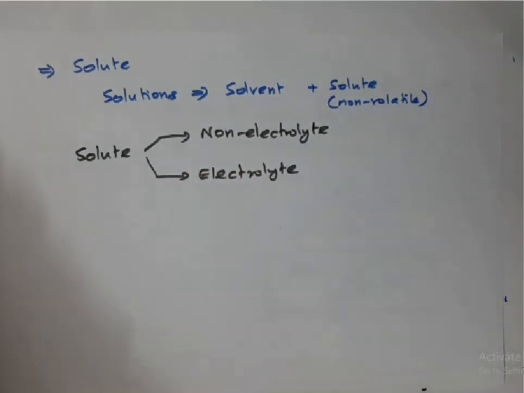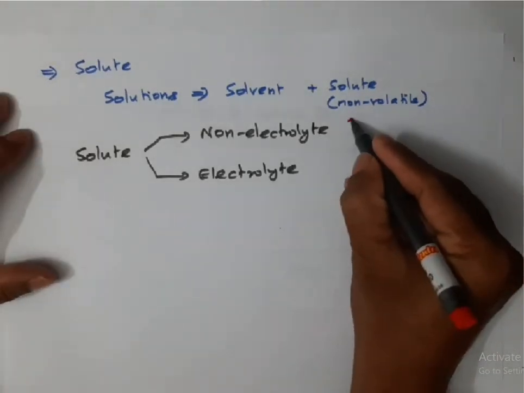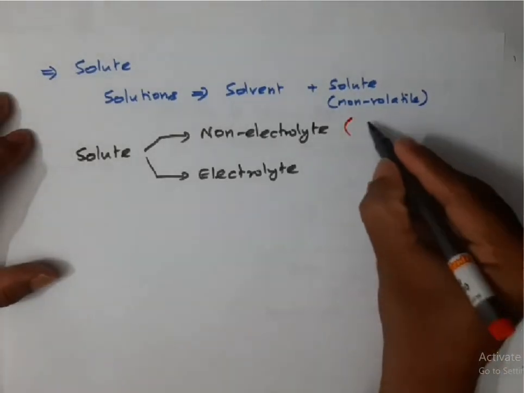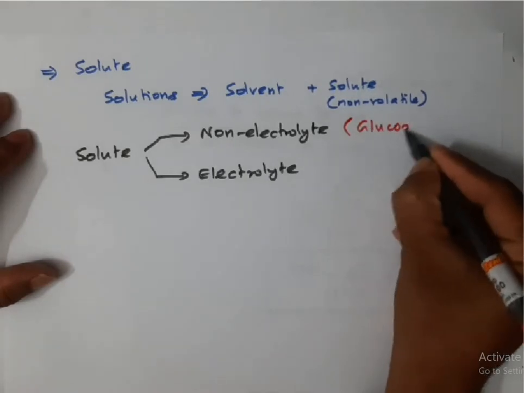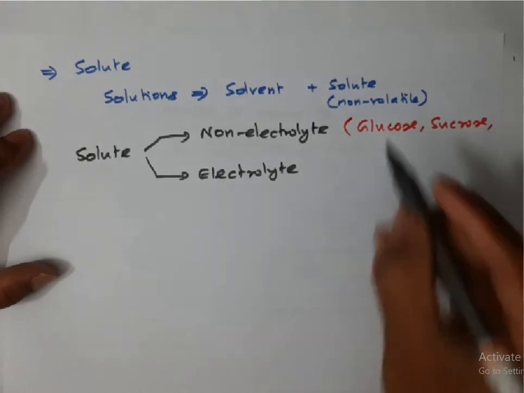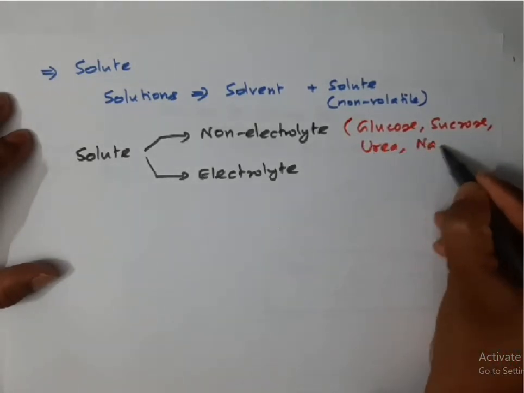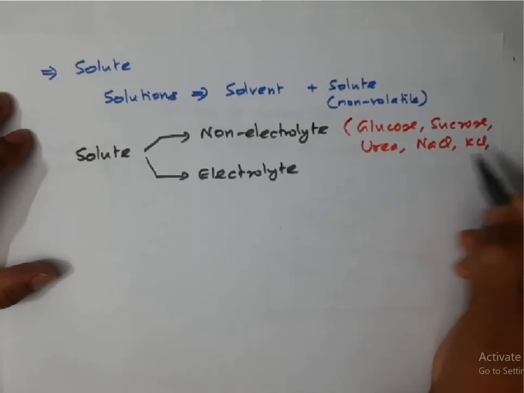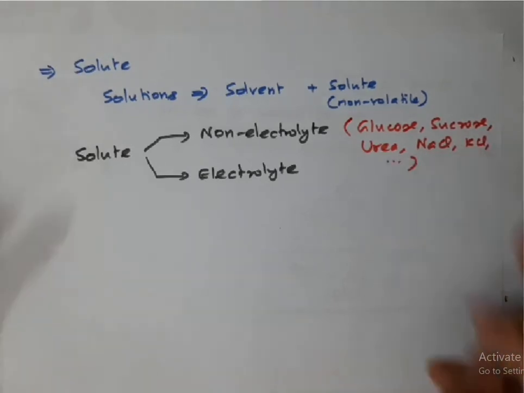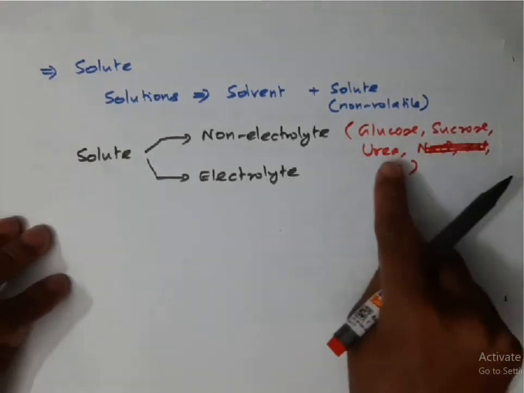I'll give some examples. For non-electrolyte, we have examples like glucose, sucrose, urea.